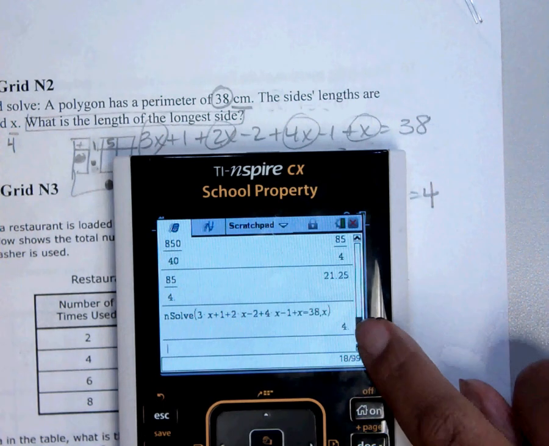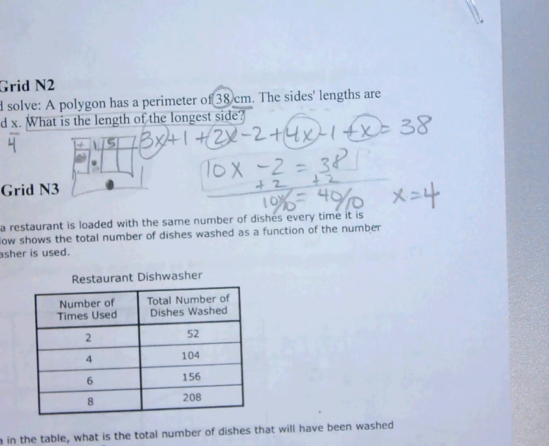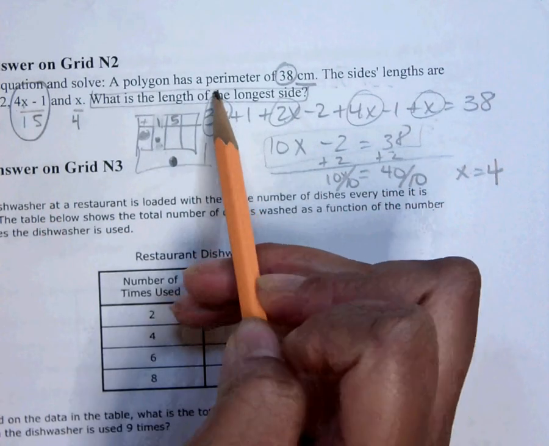So 4 was correct. I just showed you how to do it by hand first. Now when you get 4, plug it in to see which one is the longest side.